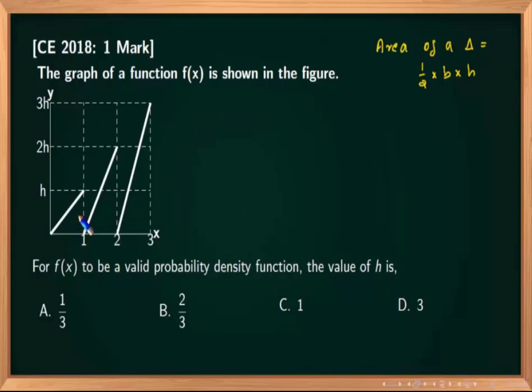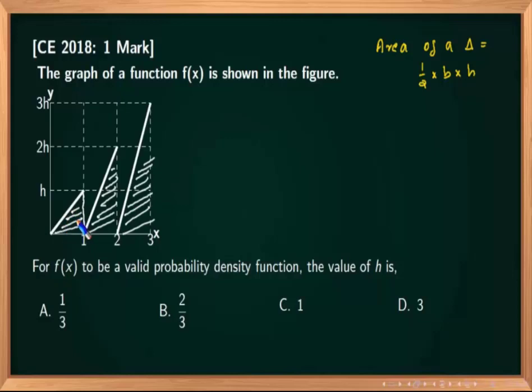Now, in this particular case, I can say that this is the area. I'm going to find first this area, then I'm going to find this area, and then I'm going to find this area. I know that the area of a triangle, this is a triangle, is half into base into height. So I can take this length as base and this length as height.